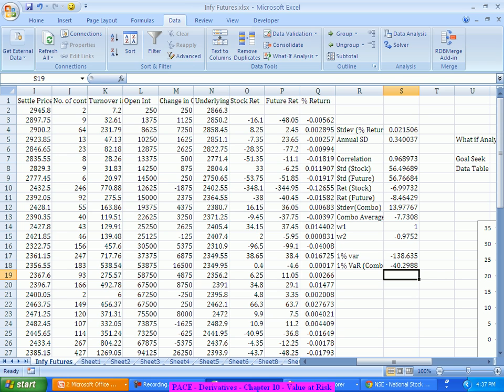If I go only for the stock, I am simply saying there is a 1% chance of losing more than 138 rupees. Whereas in the second case, with a portfolio built, I am saying there is a 1% chance of losing more than 40. The second one is looking like a more and more positive statement.